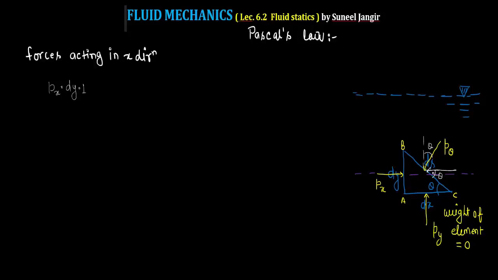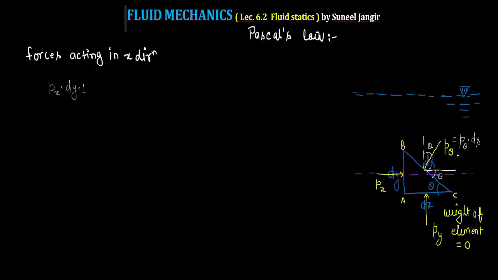P theta is not a force, P theta is the pressure intensity, and pressure is a scalar quantity, so we can't resolve it. First the force, so the force is P theta into ds, that is multiplying by area. This force is acting perpendicular to BC.